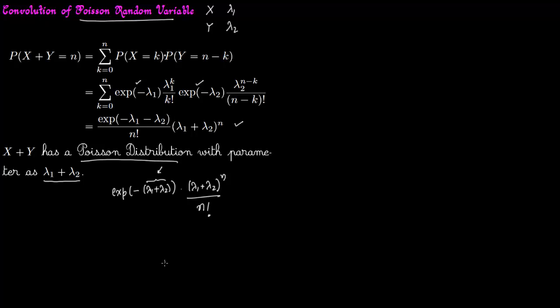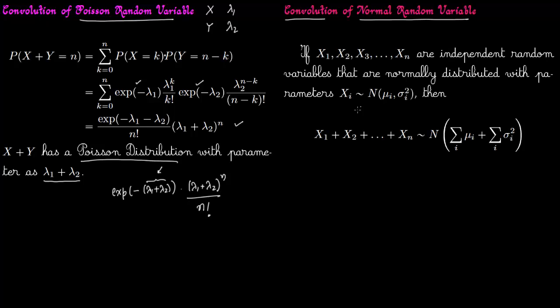Now we talk about convolution of normal random variables. So this is an important result and it is used at a large number of places. We are not going to prove this result in detail, but it is important to remember it.